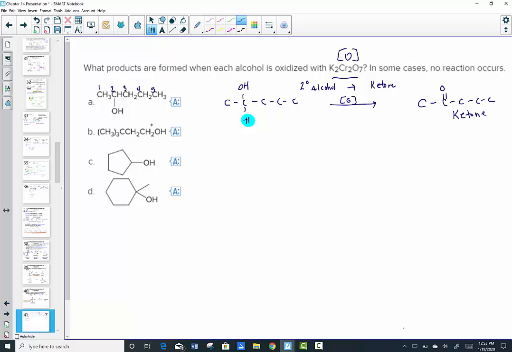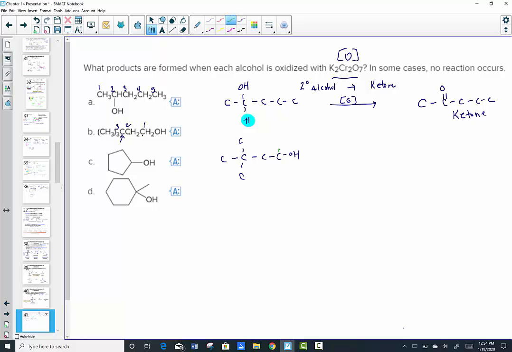How about letter B? 1, 2, 3. So it looks like I have 3 carbons, and then this carbon here, the third carbon, is attached to 3 other carbons like this. There's our structure, and then the OH is here at the end.